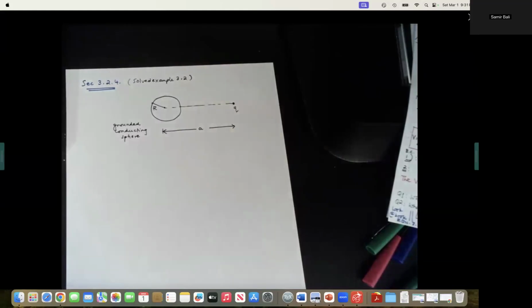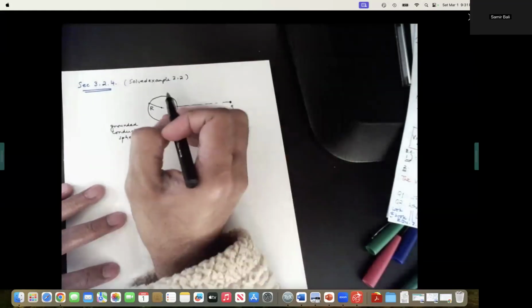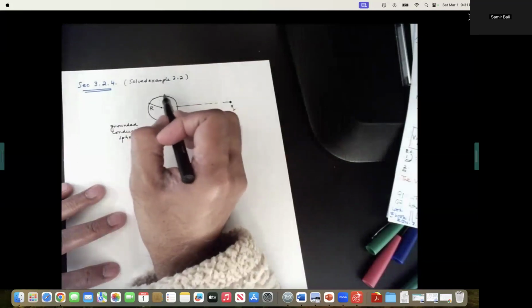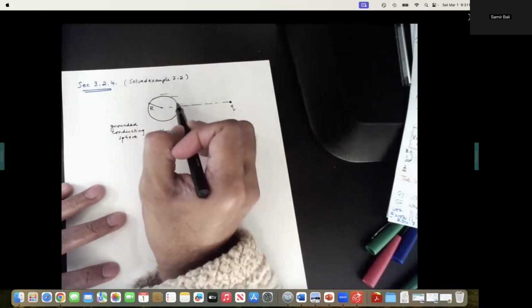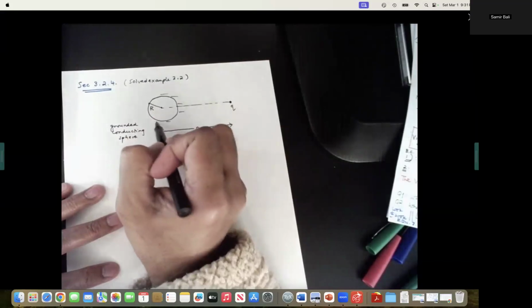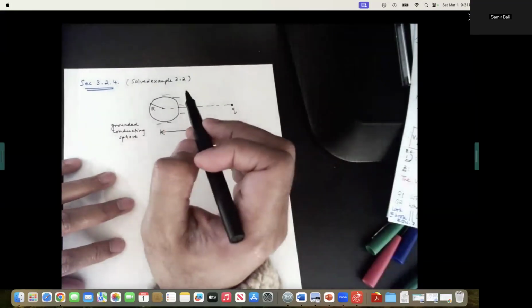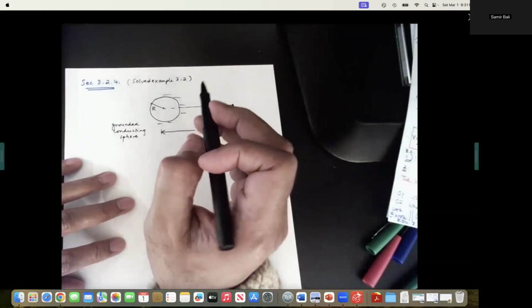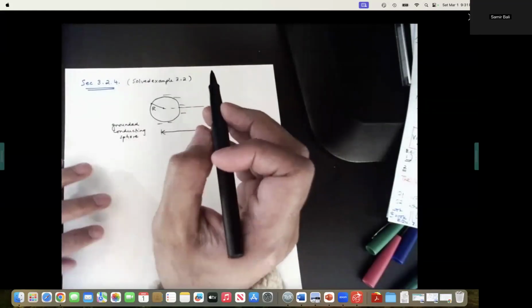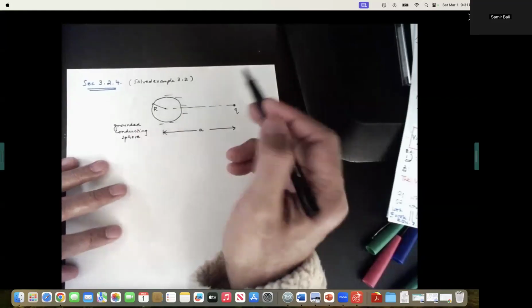And so there will be some charge induced on this, okay? And what we have to do is find the potential outside the sphere.